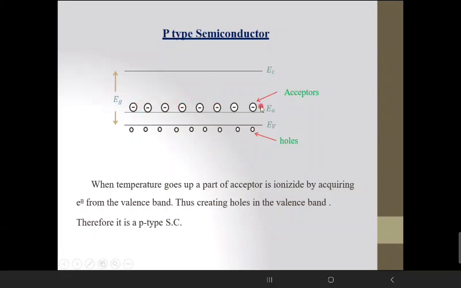For the P-type extrinsic semiconductor, when temperature goes up, a part of the acceptors is ionized by acquiring electrons from the valence band, thus creating holes in the valence band. Therefore, it is a P-type semiconductor.